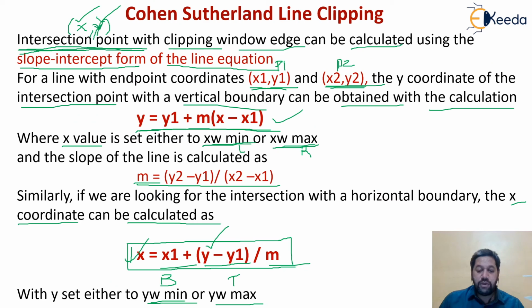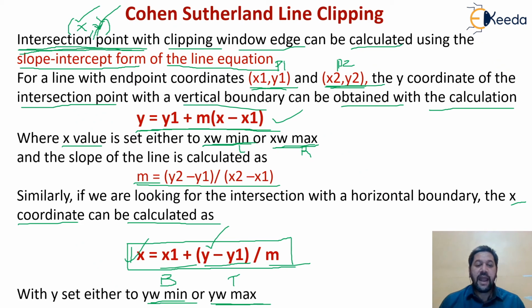If I want to find out the intersection point of the line with the top edge, then in this formula y is equal to yw maximum. Okay, so this is the formula or equation that we can use to find out the intersection point of the line with the clipping window edge.